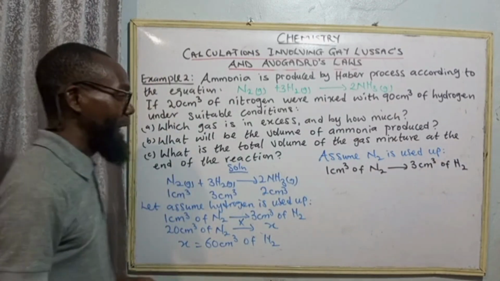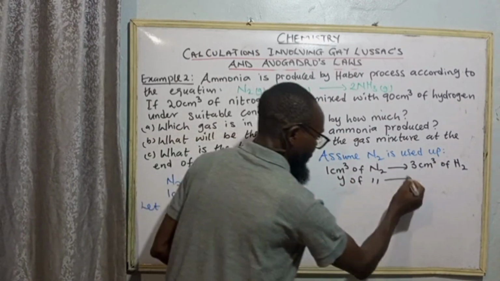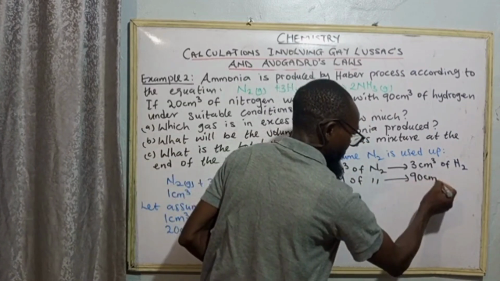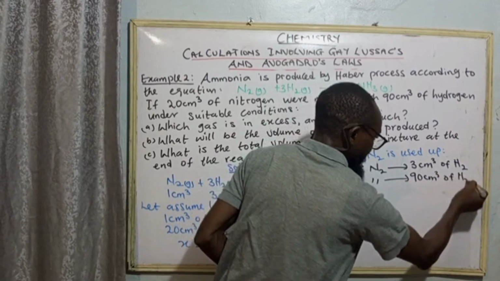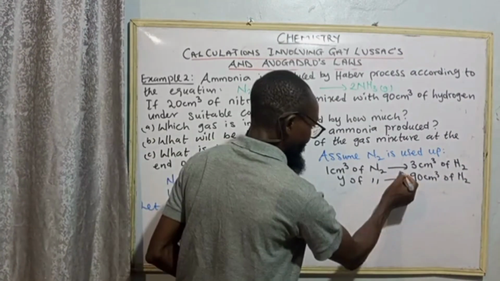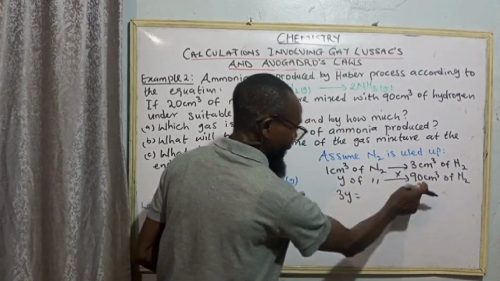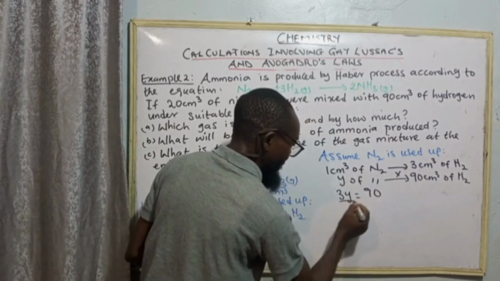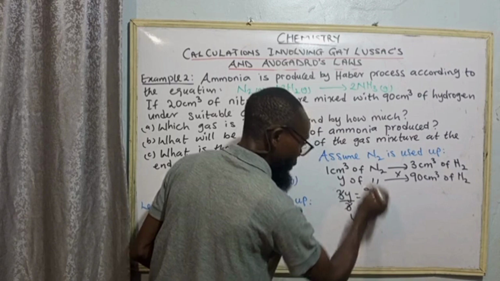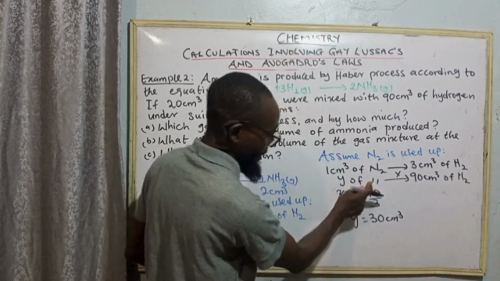Now, how many cm cube of nitrogen will combine with 90 cm cube of hydrogen? If I want to get the amount of nitrogen used up, cross multiply: 3 times y, 3y equals 1 times 90, 90. Divide both sides by 3. So y equals 3 goes into 90, we have 30 cm cube of nitrogen.